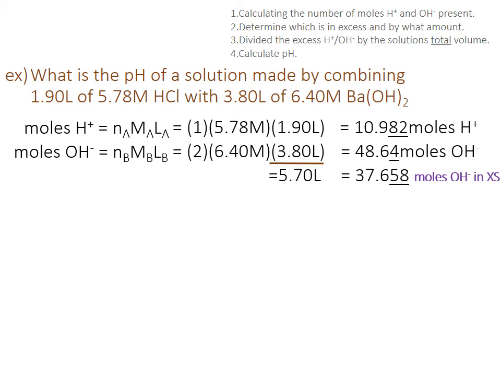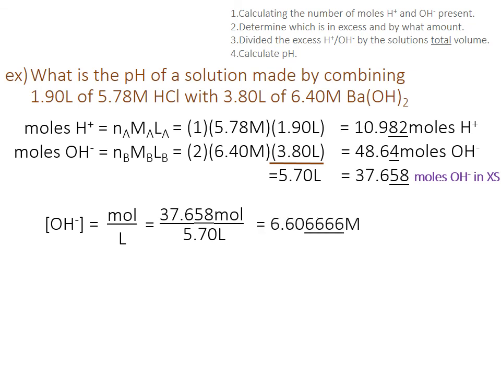Now I can calculate the concentration of the hydroxide because it's equal to moles divided by liters. In excess, we said we had 37.658 moles of hydroxide, and the total is now 5.70 liters. So the hydroxide concentration equals 6.606 repeating molar.